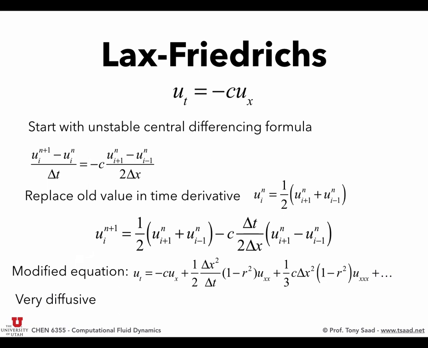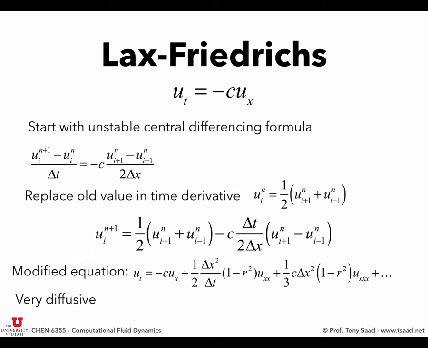Another classic scheme is the Lax-Friedrichs scheme, which starts by taking a central differencing formula, and then un plus 1 minus un, forward Euler in time, central in space, and then we take the old derivative, okay, and turn it into an average of the values straddling point I. Okay, so once you do this, you get this scheme and you get this modified equation.